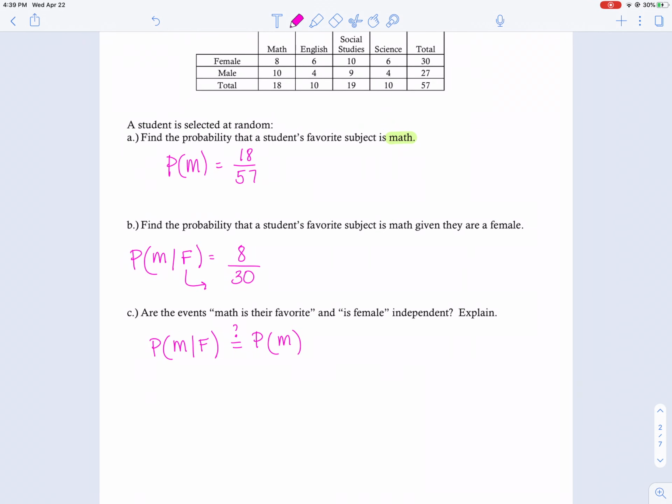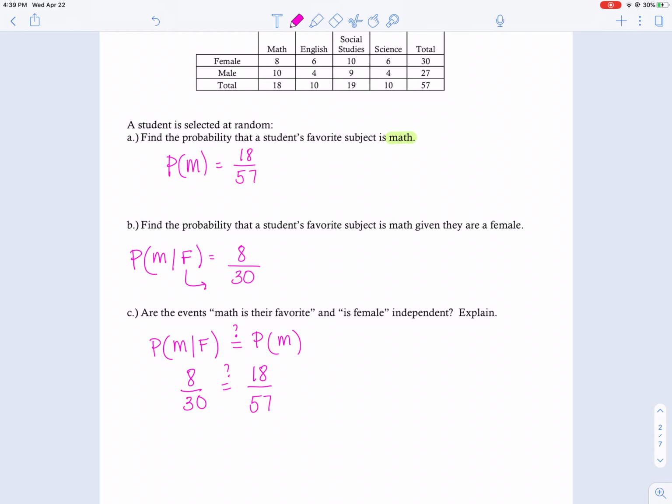Okay, so the probability of math, picking math as your favorite subject, given you are a female, was 8 out of 30, right? That was just from the last one. And the probability of just picking math as your favorite subject was 18 out of 57.